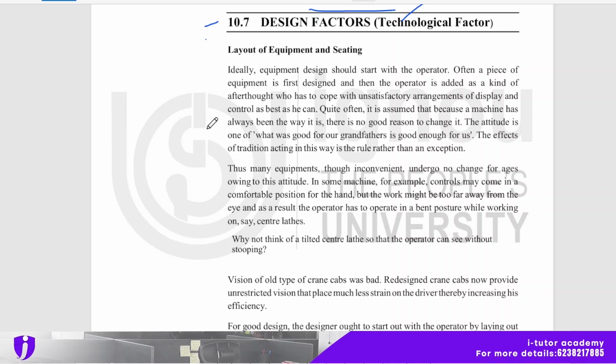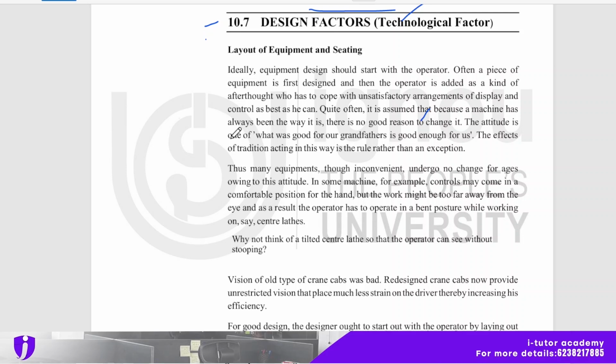First of all, layout of equipment and seating. Ideally, the equipment design should start with the operators. Often, the piece of equipment is first designed and the operator is added as a kind of afterthought, who has to cope with the unsatisfactory arrangements of display and control as best as he can. And quite often, it is assumed that because a machine has always been the way it is, there is no good reason to change it.